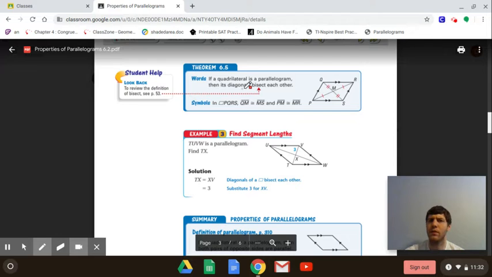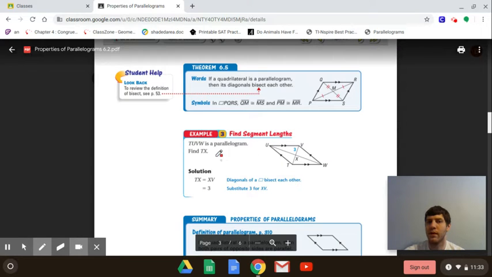It says that those diagonals bisect each other. That means they cut each other in half. So QS is going to cut PR in half into 2 equal pieces, and PR is going to split QS in half into 2 equal pieces. So QM is congruent to MS, and PM is congruent to MR.